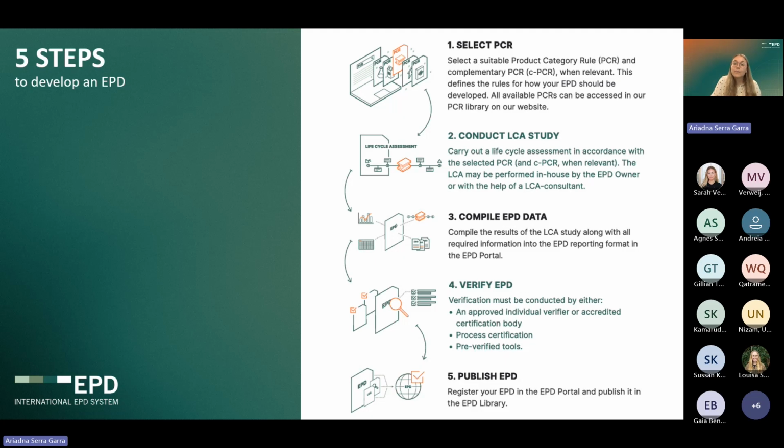The second step is to conduct the LCA study based on that selected PCR and applicable standards and our GPI. The third is compiling the EPD in the EPD format because that is a structured way to present the data. And this step is crucial and it's the one that is mainly in the EPD portal.